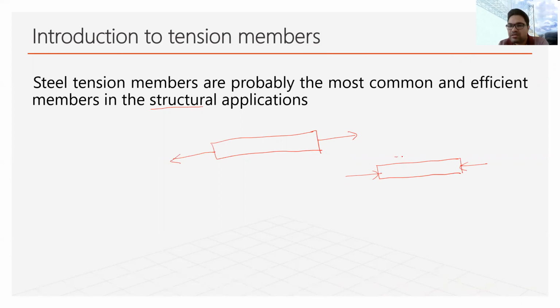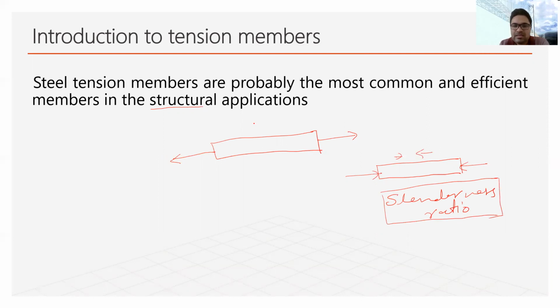So it will compress like this, but at the same time, if we are utilizing the maximum strength of this member, it will be decided on the basis of another parameter, which is called the slenderness ratio. So this slenderness ratio is very important when we talk about the compression member.